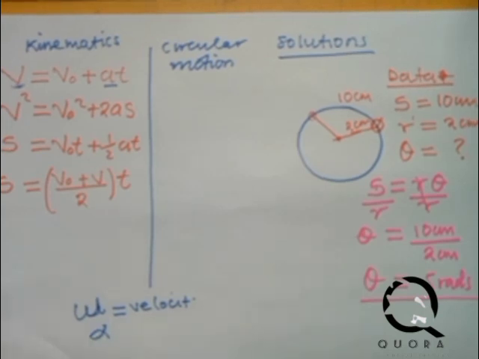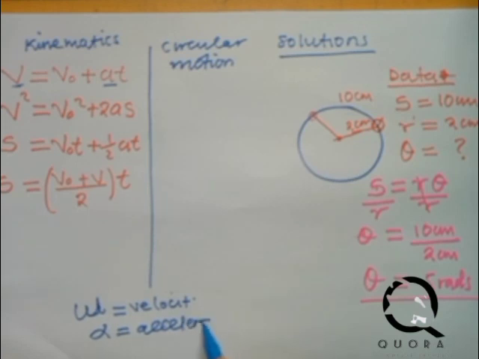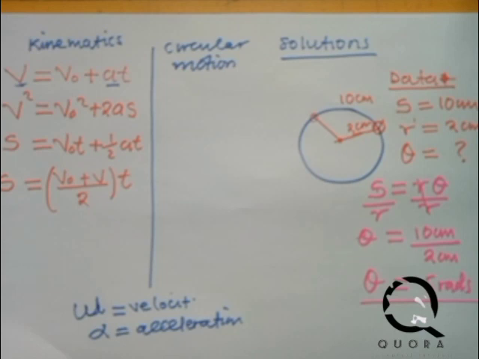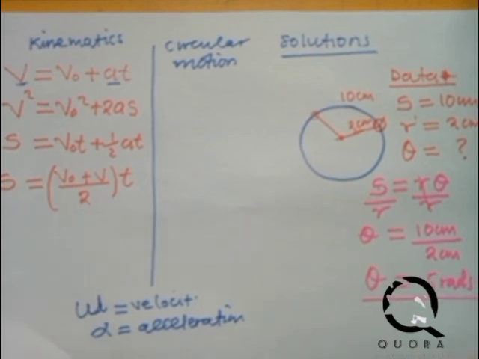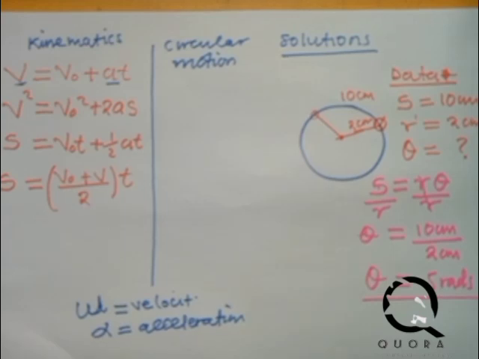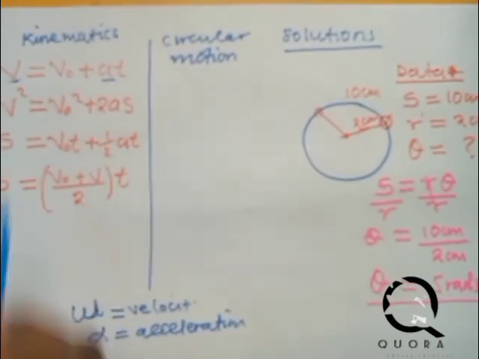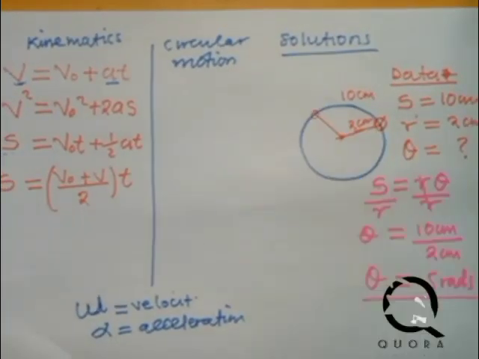This is for acceleration. If we come to displacement, displacement here is denoted by letter S, but under circular motion it is denoted by letter theta. So this is going to be displacement.